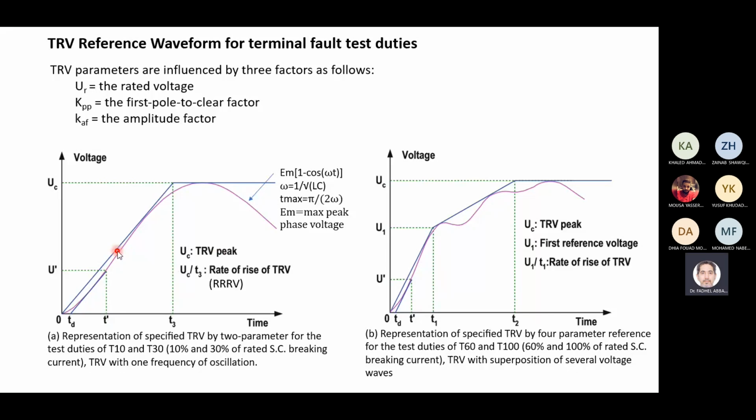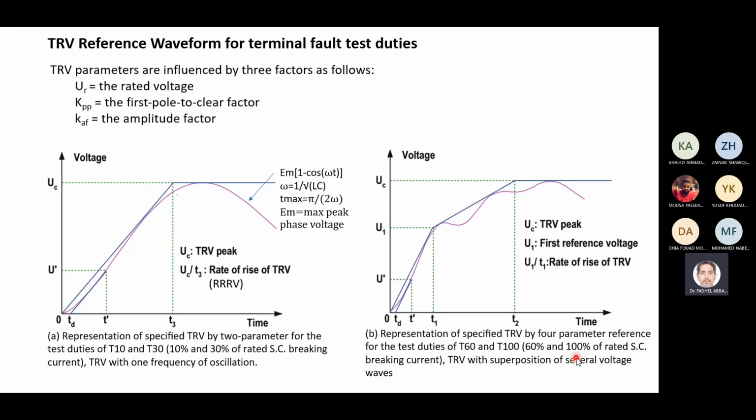So when that voltage increases faster than the dielectric recovery, then the arc will not be extinguished. That's why the standard also specifies that the manufacturer of a circuit breaker should test their breakers with either of these two waveforms.